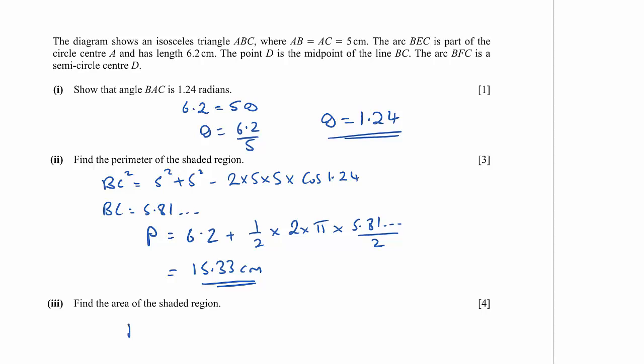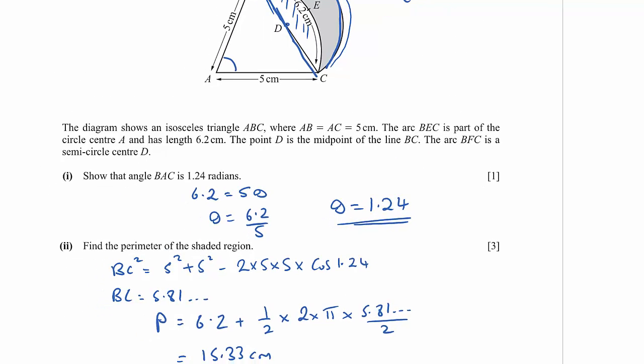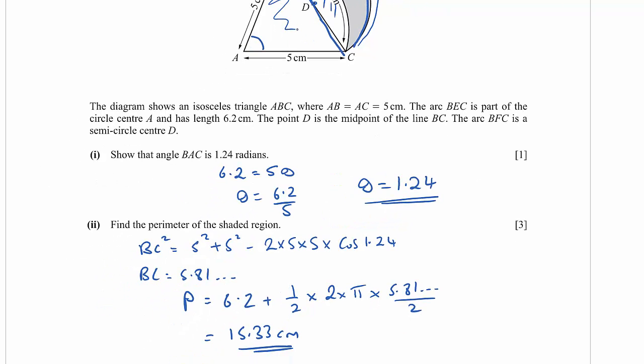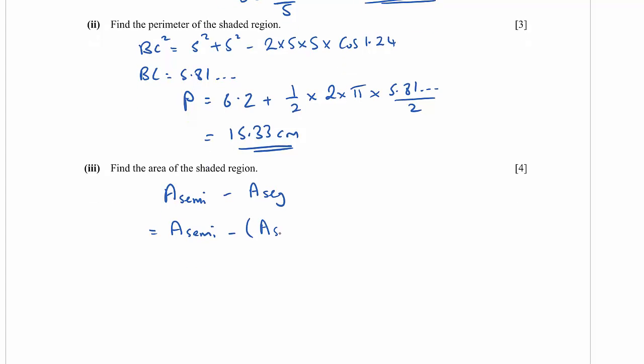So we've got the area for the semicircle, take away the area for the segment, and to get the area of the segment, we'll have the area of the sector, and then take away the triangle. So that's the area of the sector, take away the area for the triangle.